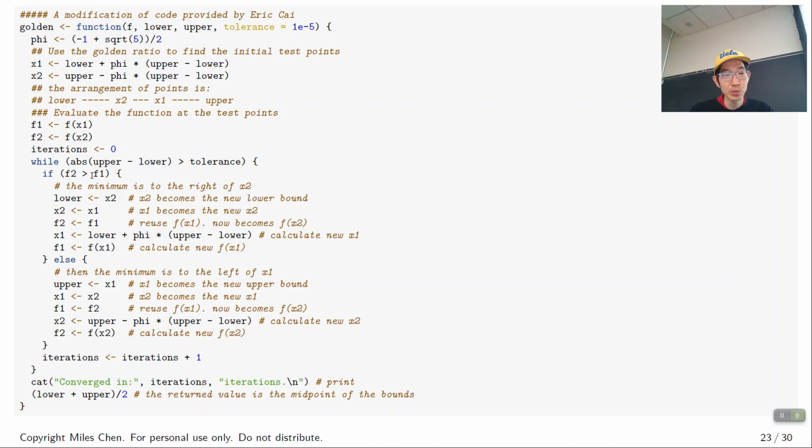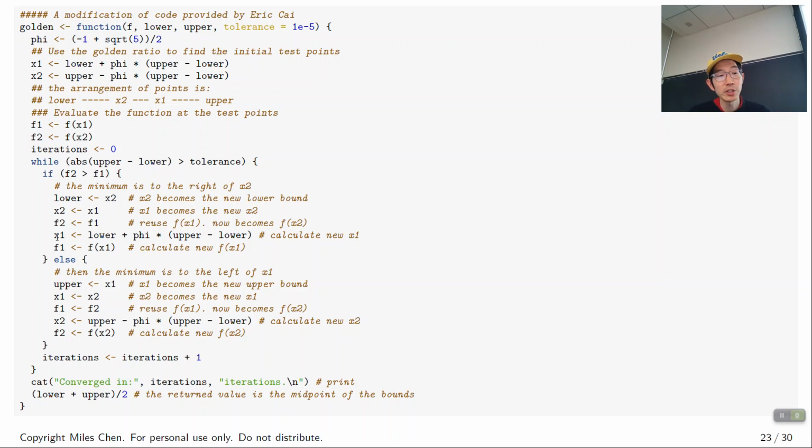If f2 is greater than f1, okay, if this value is greater than this value here, then we know that the minimum is to the right of x2. It's going to be between x2 and the upper. So x2 becomes our new lower bound, x1 becomes our new x2, and then f1 becomes our new f2.